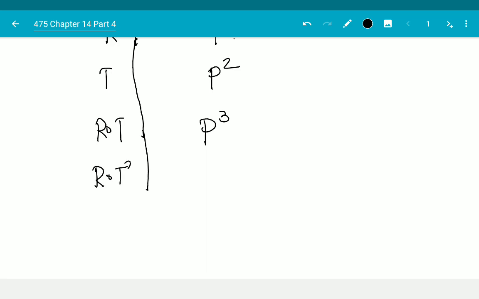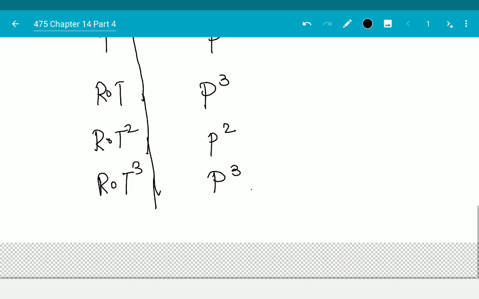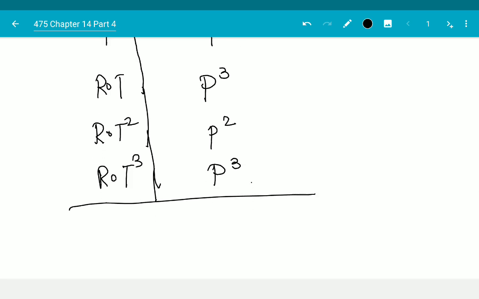R composed with T squared gave P squared choices, and R composed with T cubed by symmetry gives P cubed choices. And so the total is P to the 4 plus 2P cubed plus 3P squared plus 2P.